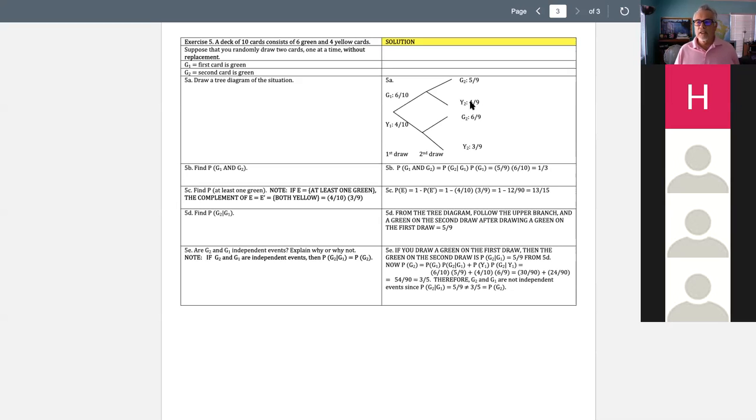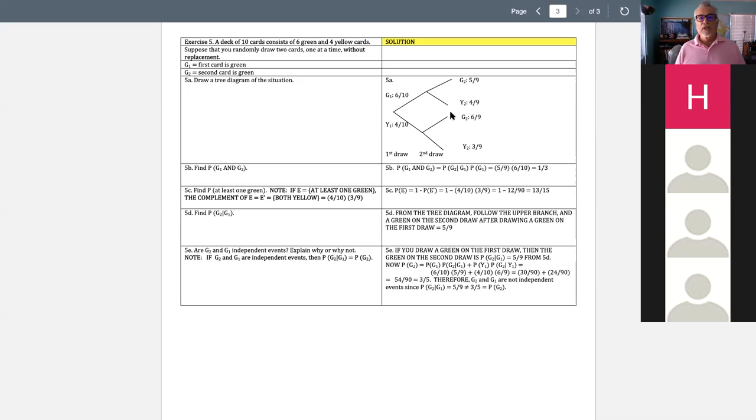Why 4? Because in the first draw you drew the green. That doesn't disturb the 4 remaining yellow cards, but it does reduce the number of cards in your deck by 1, from 10 to 9, and so your probability of drawing the yellow on the second draw is 4/9.